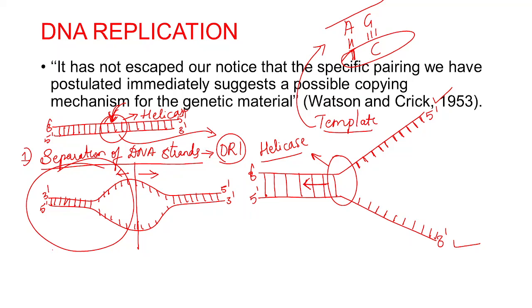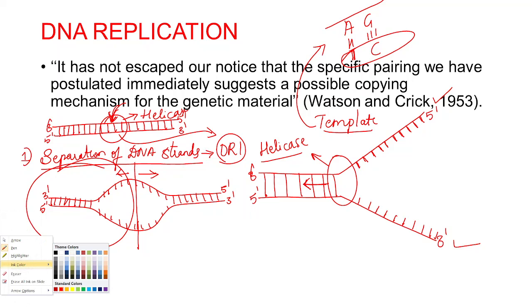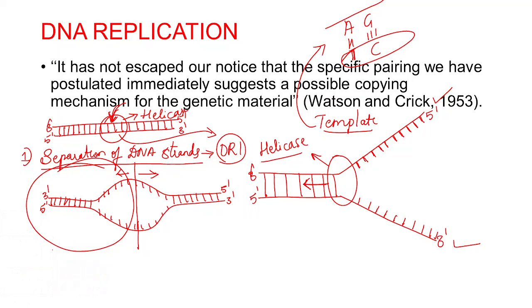But one particular point is there: the formation of a new strand will take place only with the help of what? The polymerase enzyme. You know that the polymerase enzyme helps in polymerization, or formation of new DNA strands over the template strand, and the polymerase enzyme will start its function only if it gets a particular primer attached here.